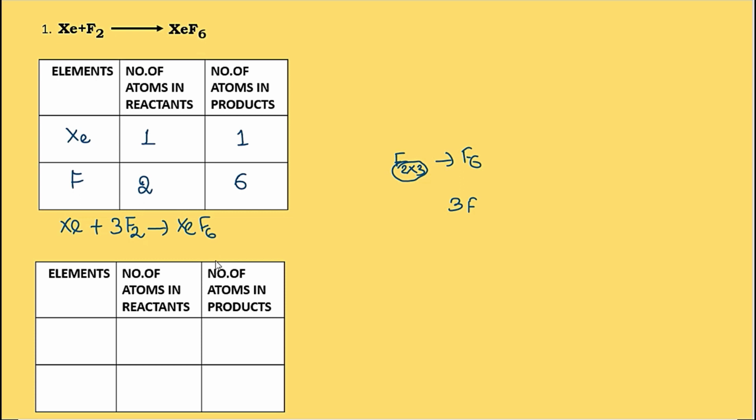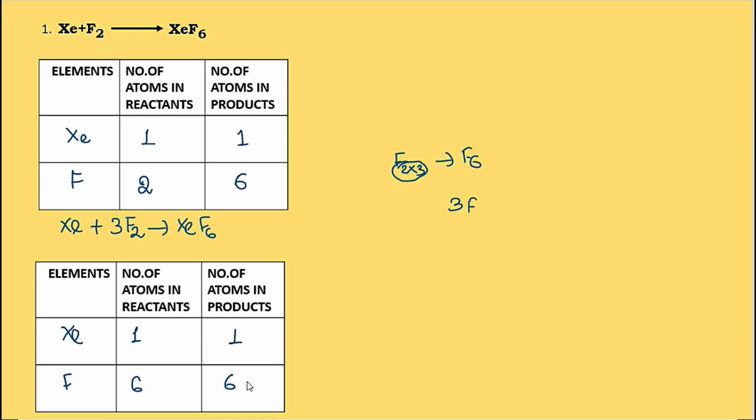Okay, so let's check here whether it's balanced or not. Again, we will repeat the same with the updated equation. So Xe has one atom here, and fluorine has 6 atoms. Now for products it has one Xe atom and fluorine has 6 atoms.